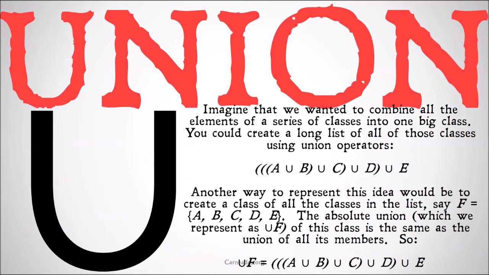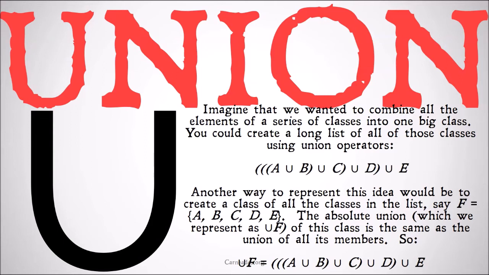So imagine you wanted to combine all the elements of a series of classes into one big class. You could create a long list of compound operators of all of those classes using union operations. You could say the union of E and the union of D, and the union of C, and the union of A and B. But that's a lot to say. Another way to represent this idea would be to create a class of all the classes in a list, and call that a class.